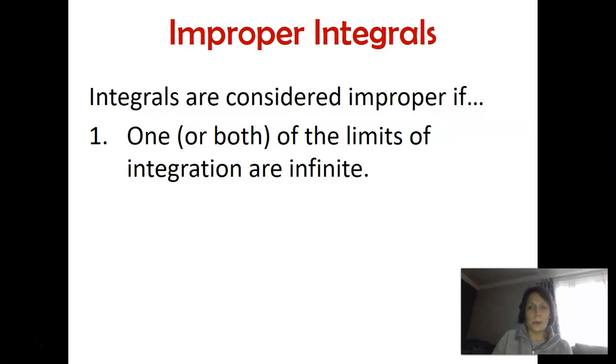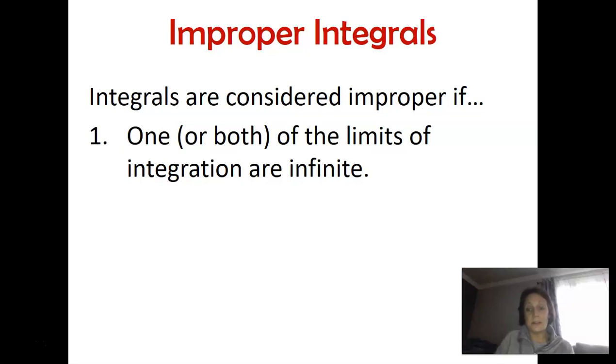A lot of integrals are pretty rude, but it doesn't make them improper. There are really two ways that an integral can be improper. One of those ways is if it has a limit of integration that is infinite.